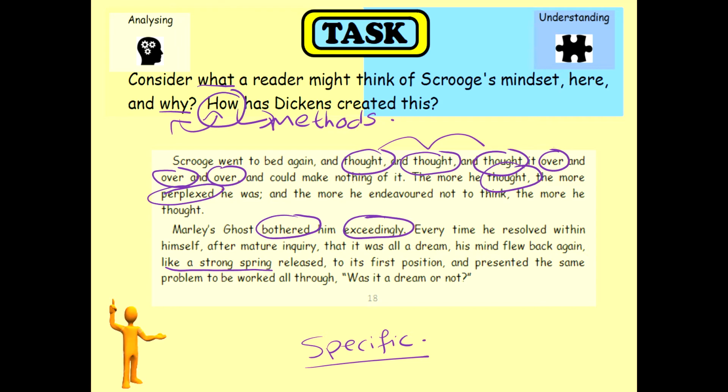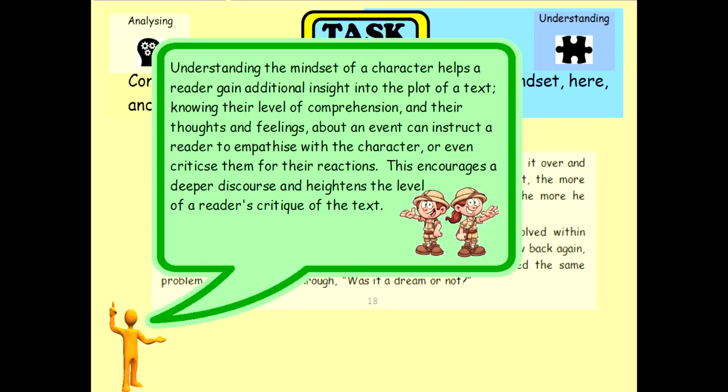Okay, what does Helpful Harvey say then? He says, understanding the mindset of a character helps a reader gain additional insight into the plot of a text. Knowing their level of comprehension and their thoughts and feelings about an event can instruct a reader to empathise with the character or even criticise them for their reactions. Now, I know that you guys know that I wrote a book, and a lot of people have commented that they were highly critical of the main character for all the decisions that she was making.